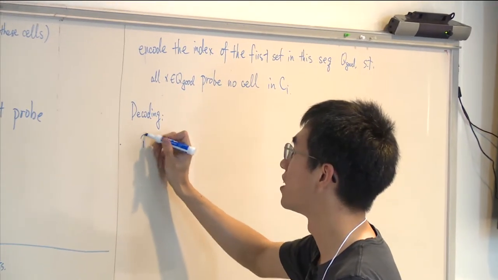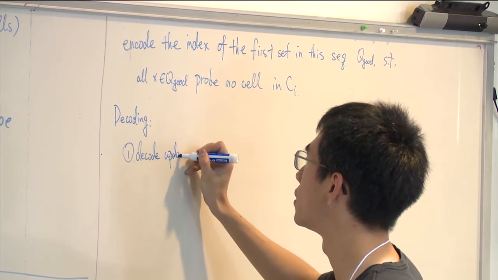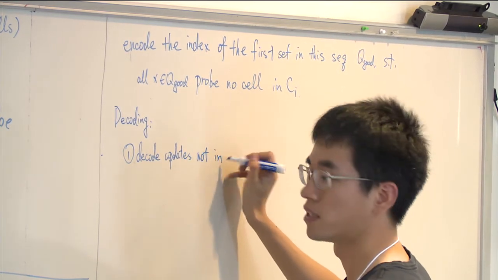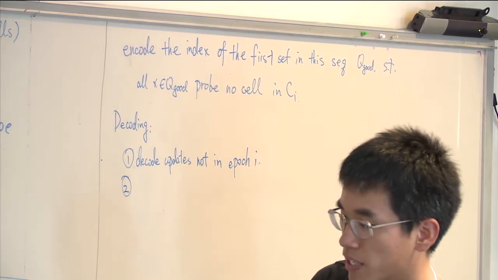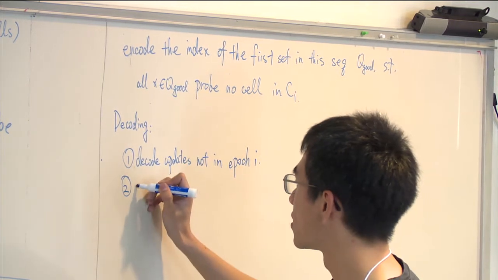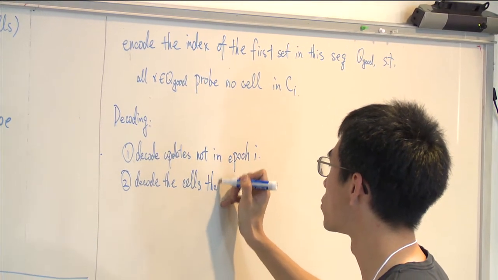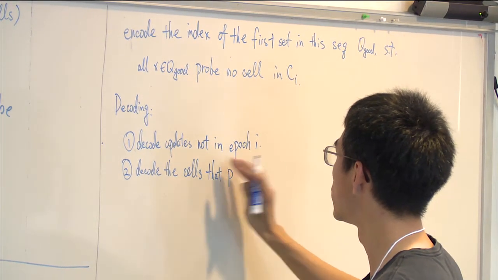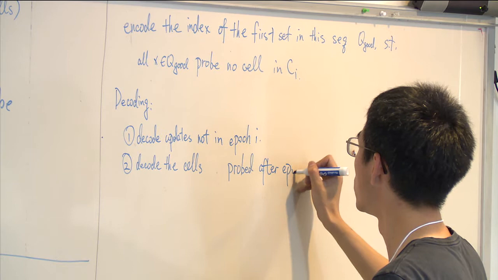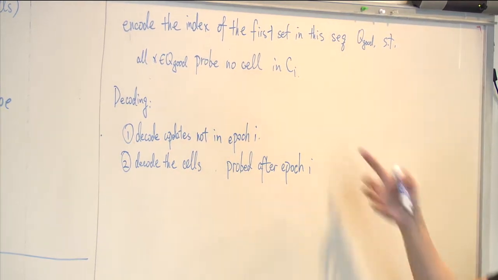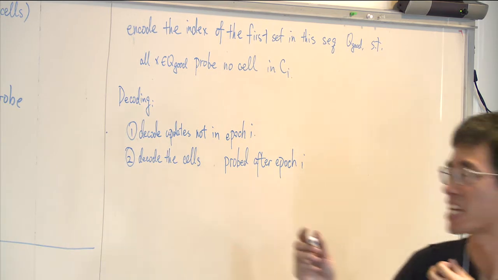In order to do decoding, we can first decode naively the updates that are not in epoch I, and then also decode those cells that are probed after epoch I. Okay, so from these two parts, we already can reconstruct the content of a cell that is not in CI, right?